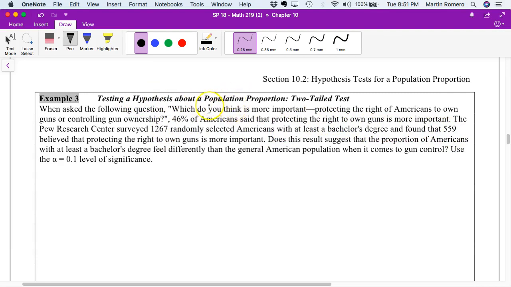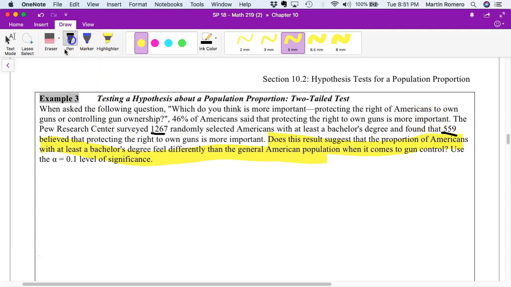The Pew Research surveyed 1,267 randomly selected Americans with at least a bachelor's degree.